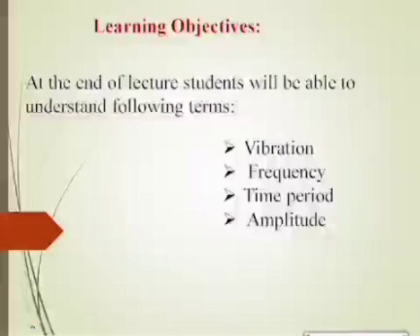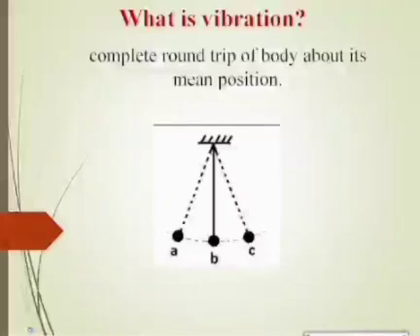These are the few terminologies that we will discuss in today's lecture, such as vibration, frequency, time period, and amplitude of a wave. And I hope all of you will have a clear concept about these terminologies by the end of this lecture. The very first term that we are going to discuss here is vibration.